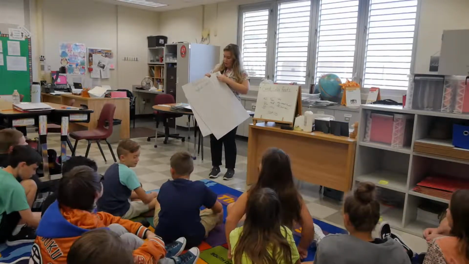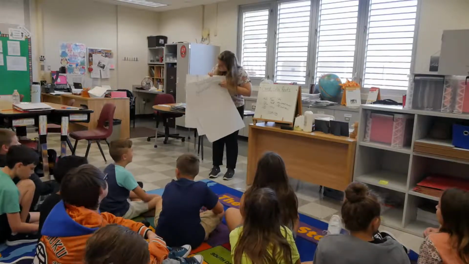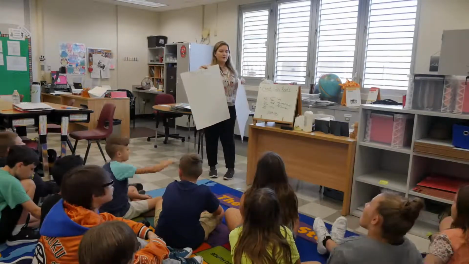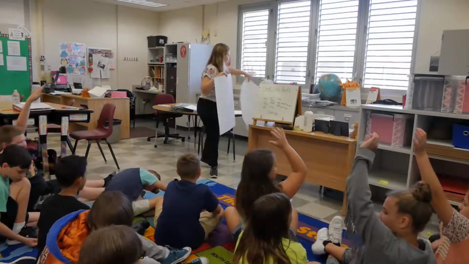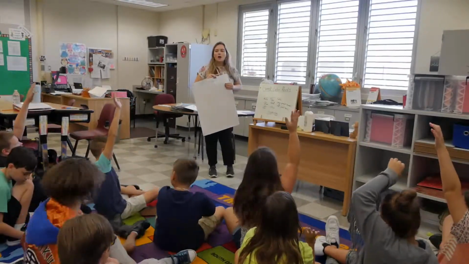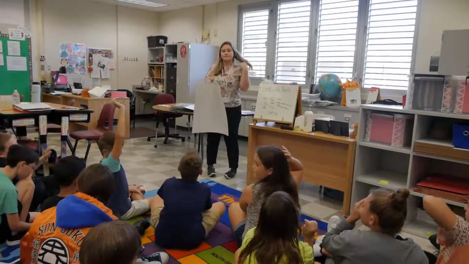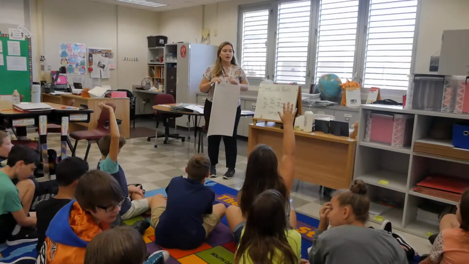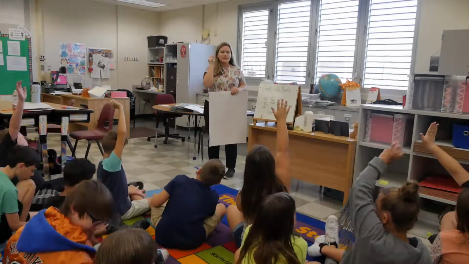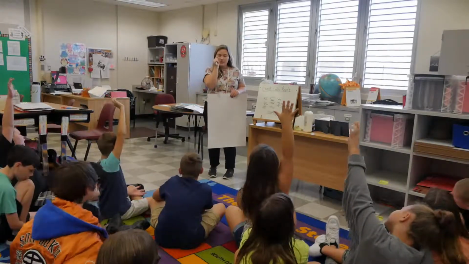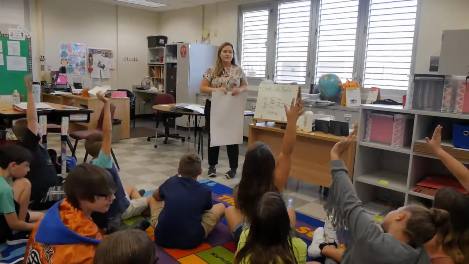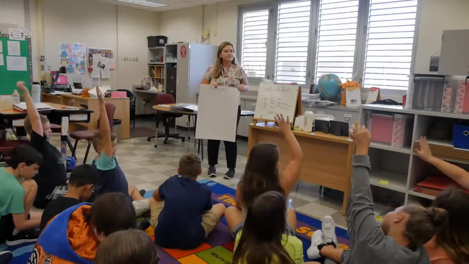What about micro? Micro means... Randall. Microscope. Microscope, good, to see really small things, because scope means to see. Micro means really small, to see really small things with a microscope. What's another one, Tariana? Microfiber.